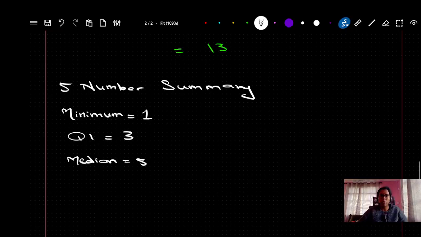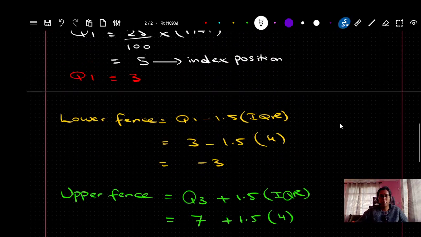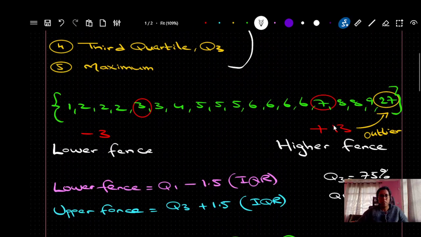For those who don't know how we got the median, we have 19 numbers. So 19 divided by 2 is 9.5. Okay, then 9.5, you count from here: 1, 2, 3, 4, 5, 6, 7, 8, 9. So 9.5 is here.